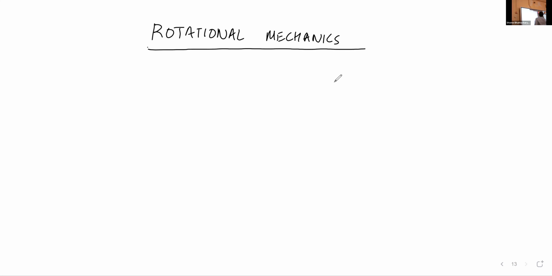Okay, now we will move on to an introduction into rotational mechanics. So many different names for this section of physics, including rotational dynamics, rotational mechanics, rigid body mechanics, rigid body dynamics, etc. So in this we study basically complete rigid body motion.